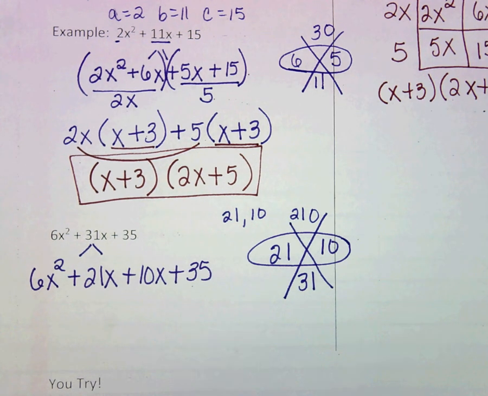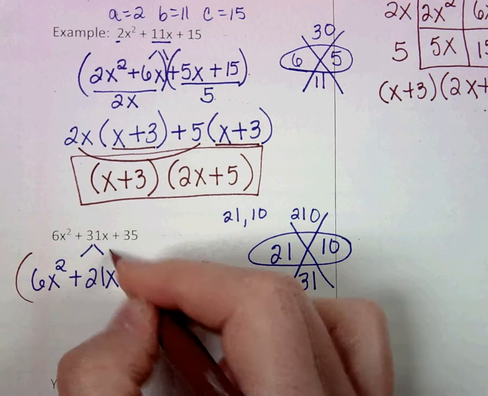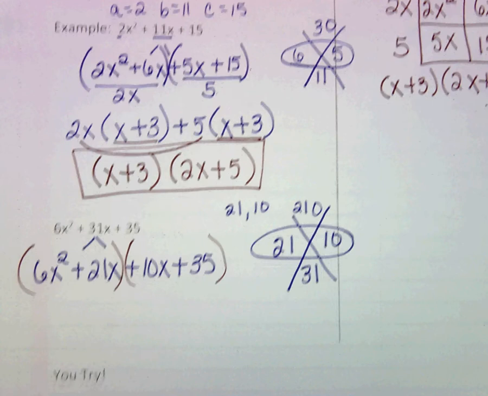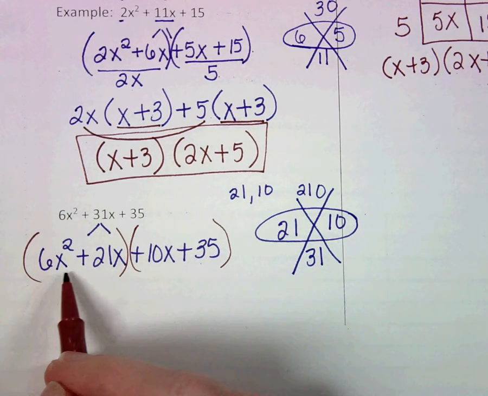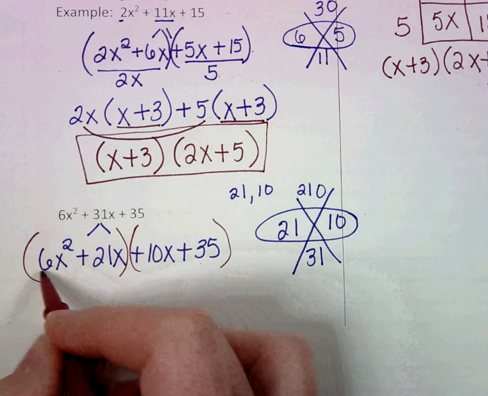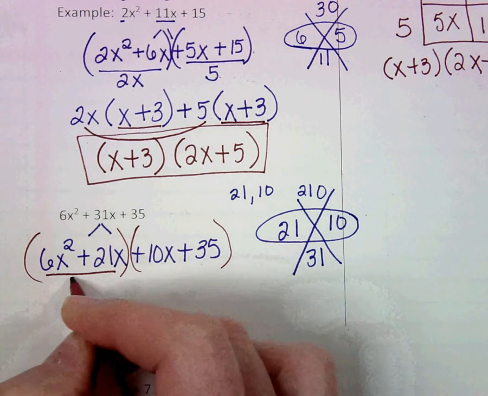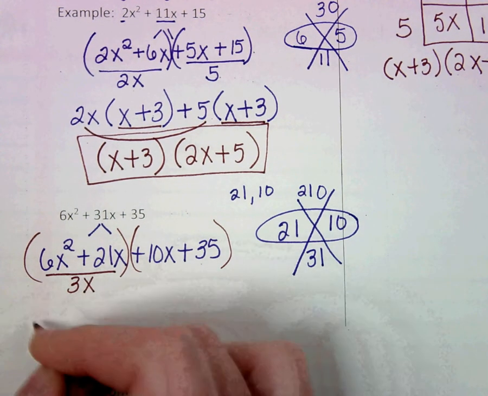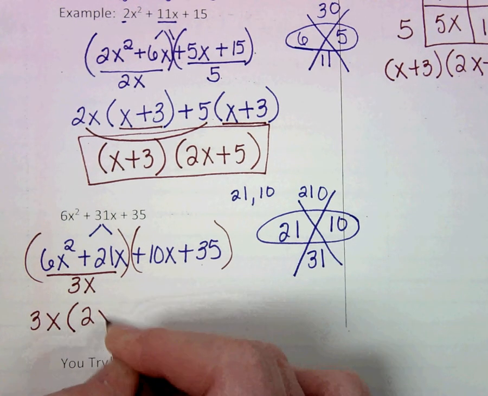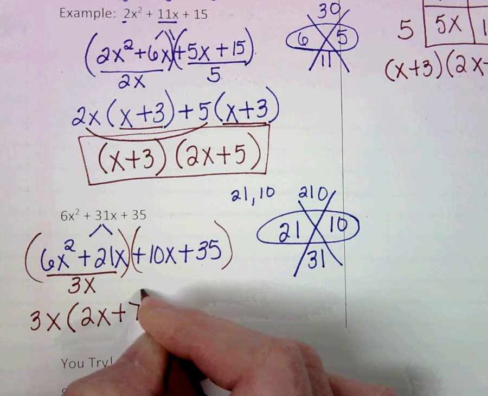Okay, the next thing we do is group it, and then we're going to pull out our greatest common factor from each pair. So my greatest common factor here would be 3x. And so that leaves me with 2x plus 7.